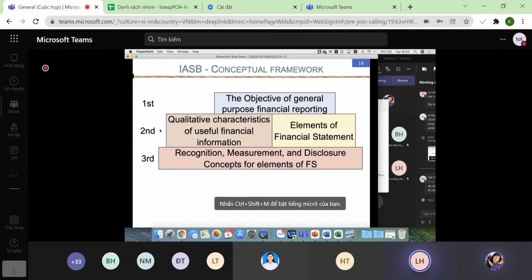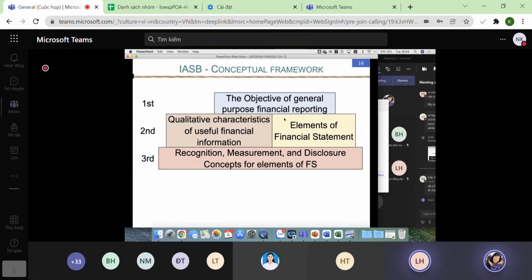For the second level, they mention the qualitative characteristics of information. The information needs to be useful. And what kind of information do we need to provide? There are 5 elements of financial statements.